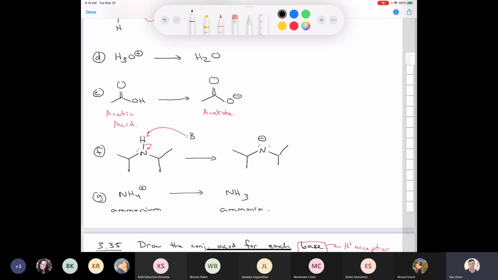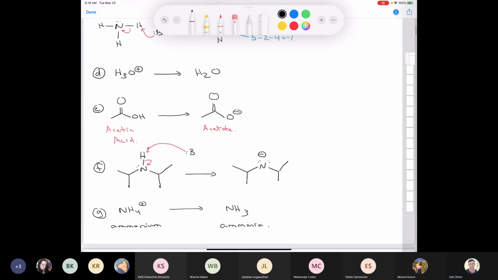Can you clarify what you mean, Jessica, about the nitrogen? I thought it was supposed to be positive on that. Which one, for F? No, because when you add a proton, the base takes on a proton, so the base would become positively charged.